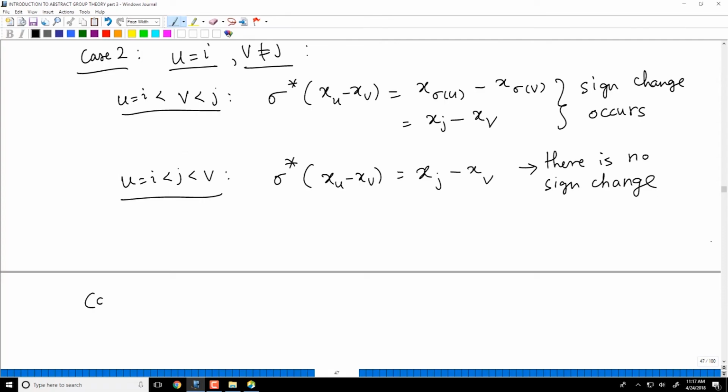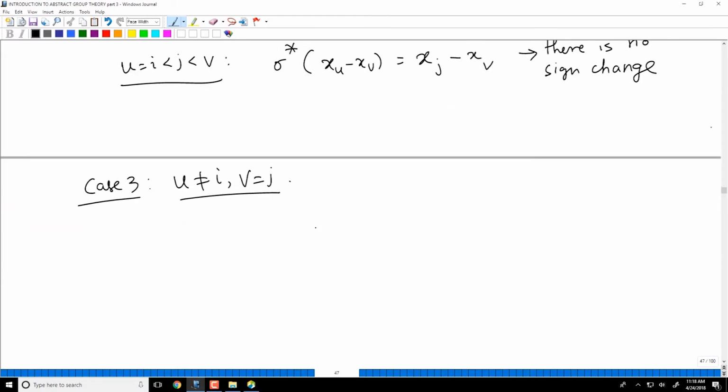What about case 3? u is different from i and v is j, right? In this case, remember u is strictly less than v always. So in this case, we have again two possibilities. Either u is less than i and i is less than j, which is equal to v.